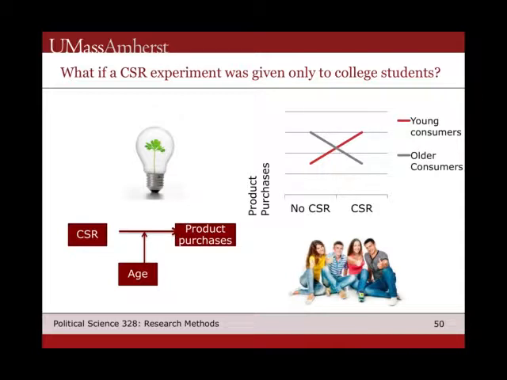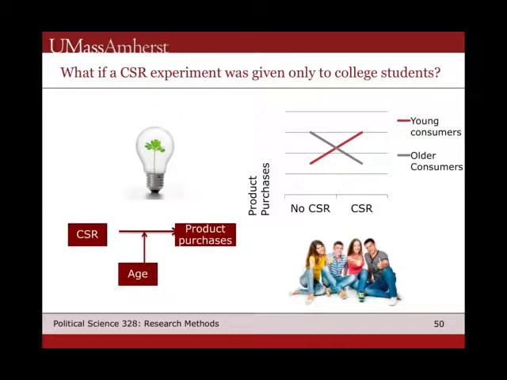Now, what we happen to know or have learned over a series of research is that young consumers are often quite attracted to corporate social responsibility. So they're more likely to purchase products that are green, and they also might be less likely to want to regulate strongly companies that already are, in essence, self-regulating.